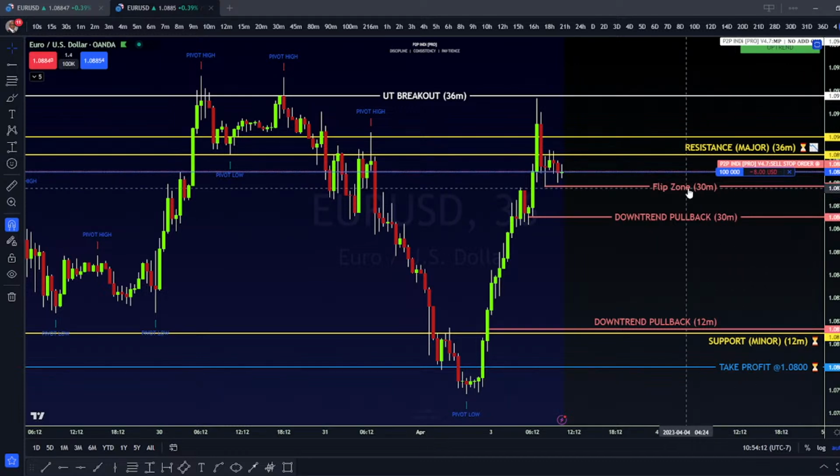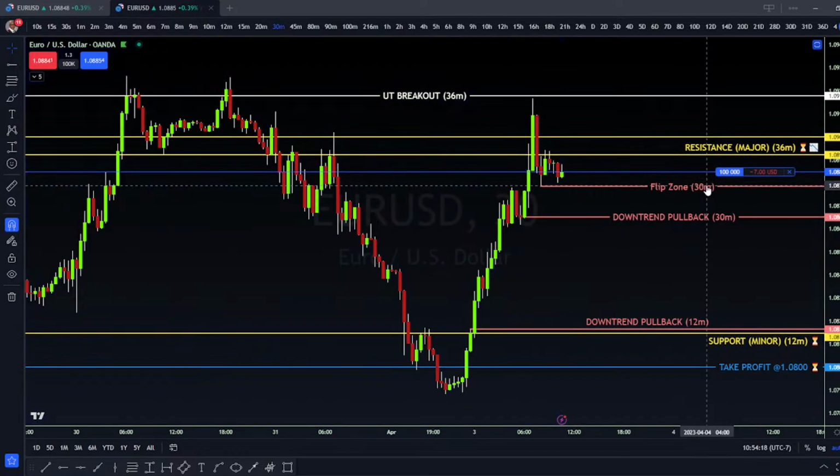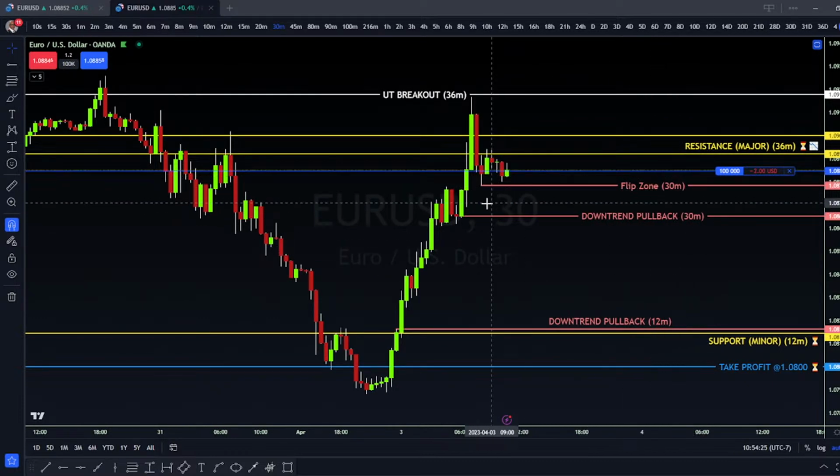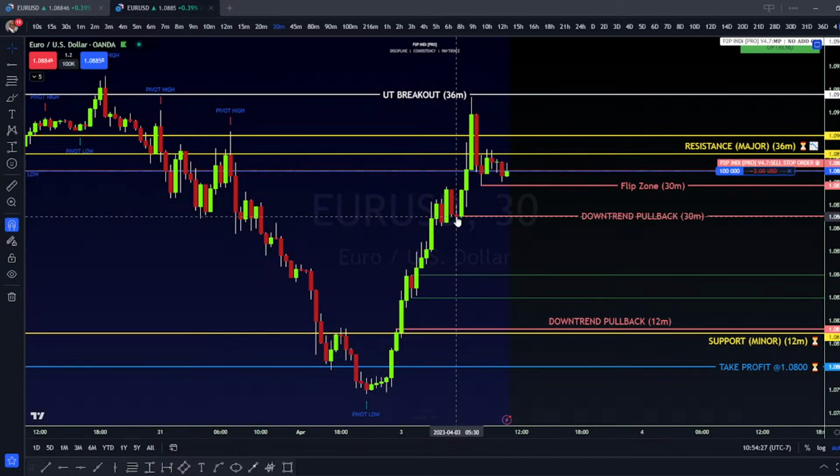And when it gets down to the 30-minute, to this price here, 108.78, I saw on the 30-minute chart the possibility of it creating a flip zone. A flip zone is basically when a base candle like this one gets created at this price up here, and when you have them catacorner to one another like this, it creates a confirmation of a downtrend.